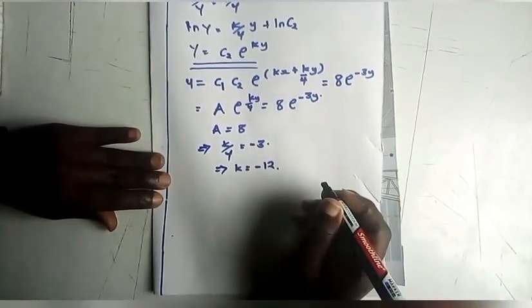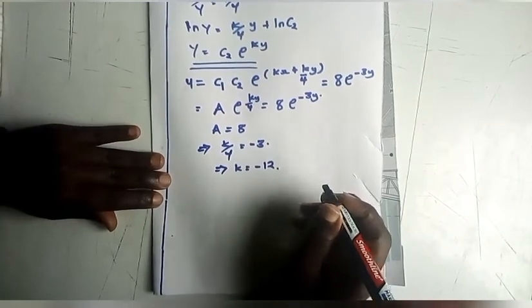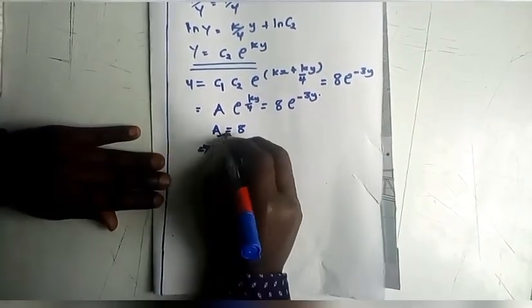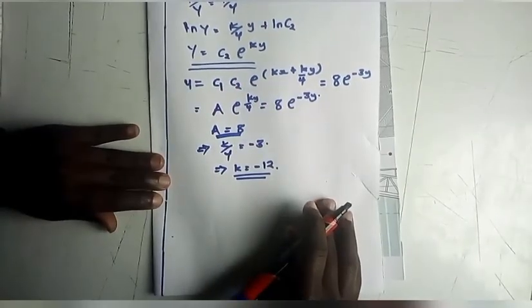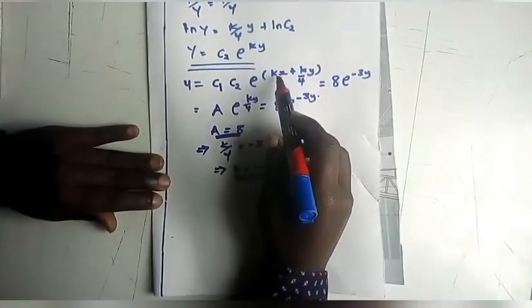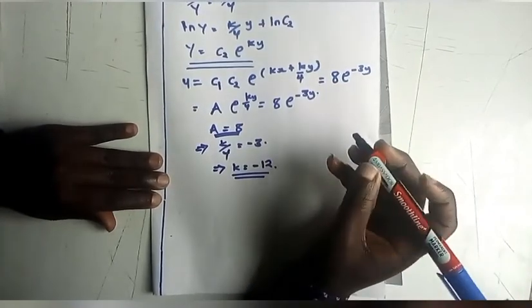Okay, so if our k is equal to negative 12, we are going to substitute back our solutions into our equation, which is u is equal to c1 c2 exponential kx plus k over 4 y.